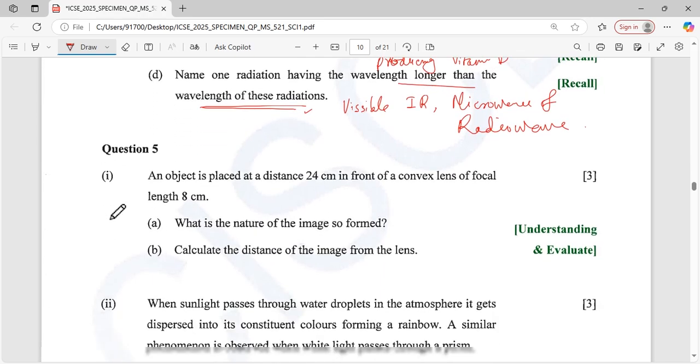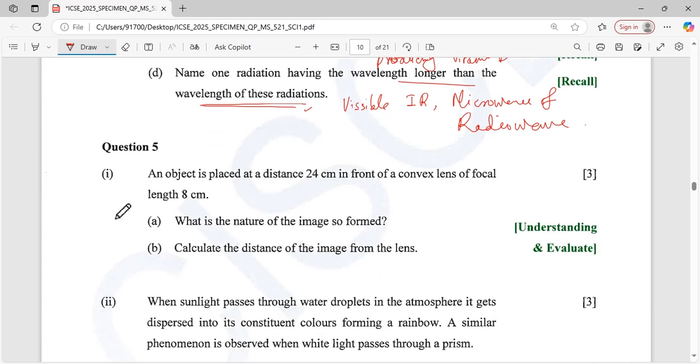Number 5. An object is placed at a distance of 24 centimeter in front of a convex lens of focal length 8 centimeter. A direct numerical. The object distance U is 24 centimeter, but in case of a convex lens U is taken as minus. The focal length F is 8 centimeter.